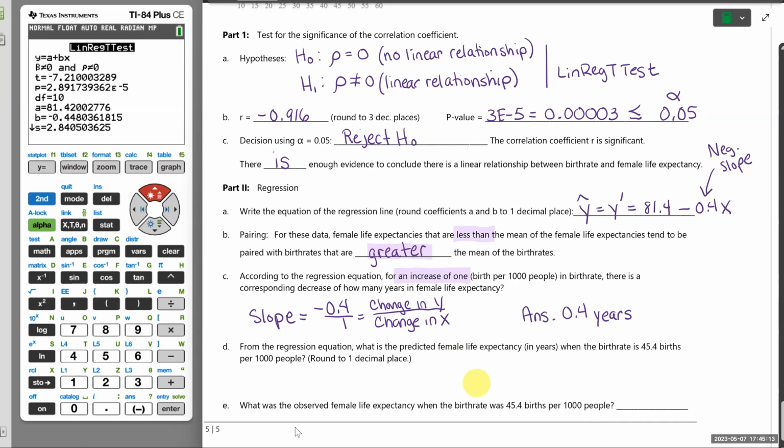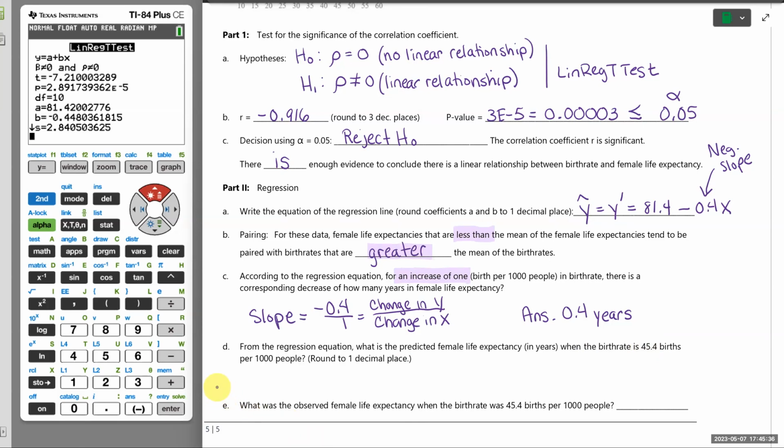Okay, and then for D, from the regression equation up here, what is the predicted female life expectancy in years when the birth rate is 45.4 births per 1,000 people? So the idea is I can now use this equation to make predictions about any country that has this particular birth rate.